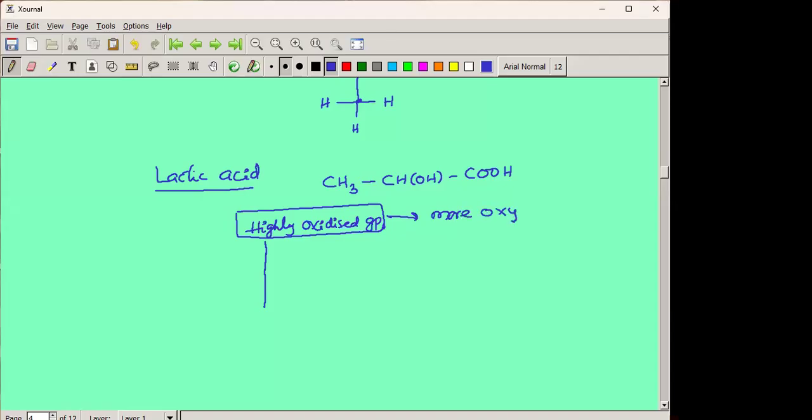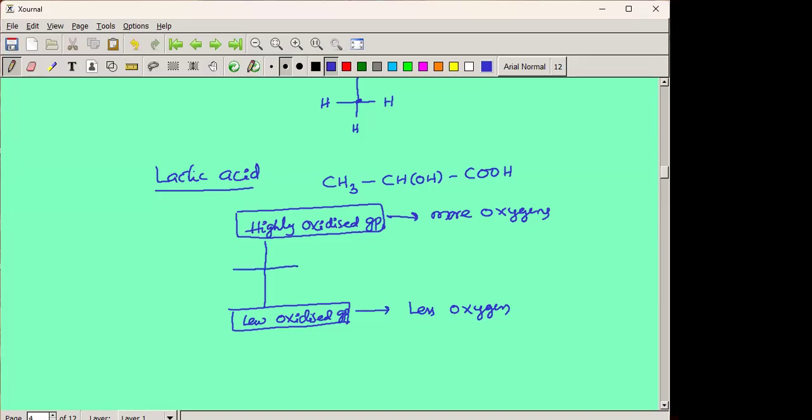And the next, less oxidized group, or the group containing fewer oxygens, will be represented at the bottom of the vertical line. So the highly oxidized group on top, the less oxidized group at the bottom of the vertical line.